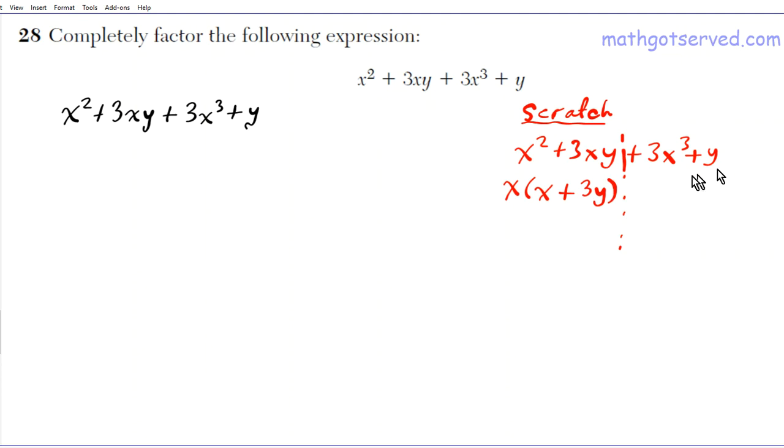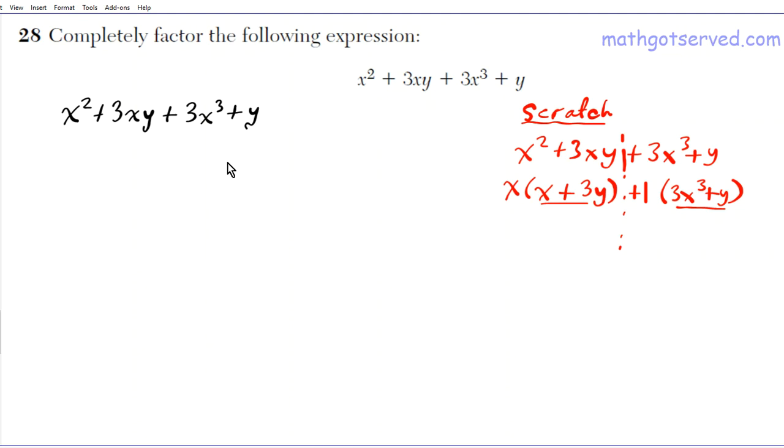And then over here, you can't take out anything, so you just take out 1, and you have 3x cubed plus y. And if you look at the quantities in the parentheses, they're different, so you can't factor by grouping with this original format. But if it doesn't work, that doesn't automatically mean that you cannot factor by grouping. You might have to rearrange terms.